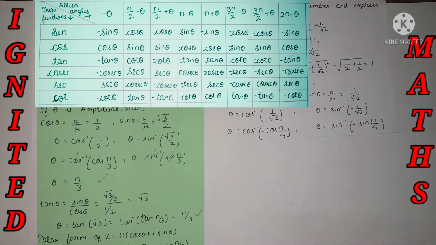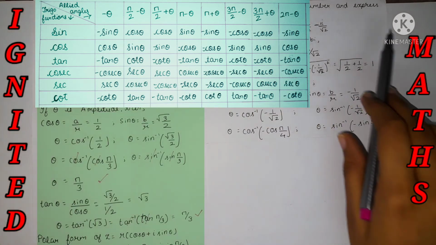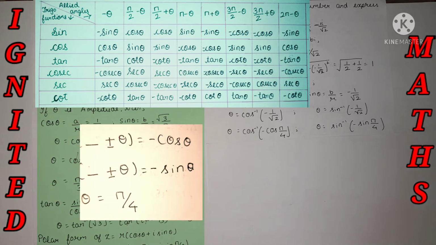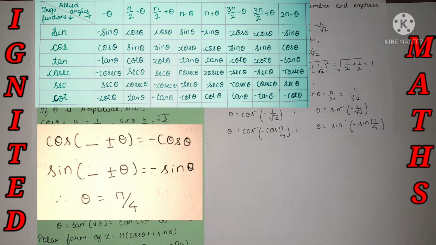Now we need to use the trigonometric functions of the allied angles. The formula is shown over here. Cos of pi plus theta is equal to minus cos theta, and sin of pi plus theta is equal to minus sin theta.